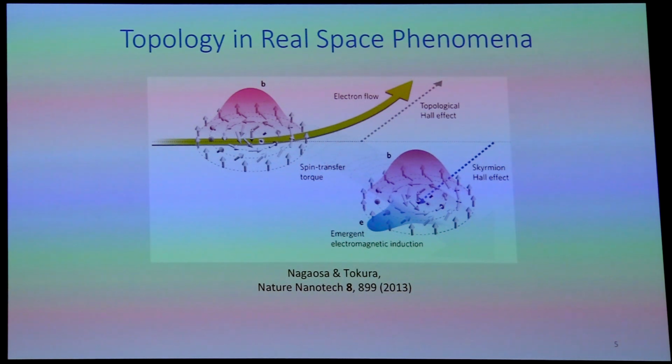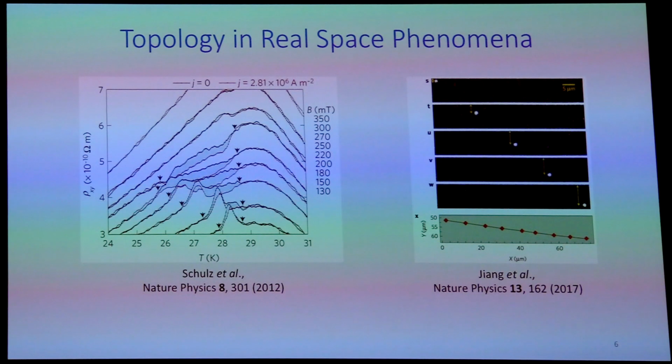When electrons traverse a magnetic skyrmion texture, they feel the presence of the emergent magnetic field from the texture, and thus they get deflected because of the Lorentz force. That gives rise to the topological Hall effect of electrons. But at the same time, the electrons exert a torque on skyrmions, making the skyrmions themselves get deflected. And that gives rise to the Skyrmion Hall effect.